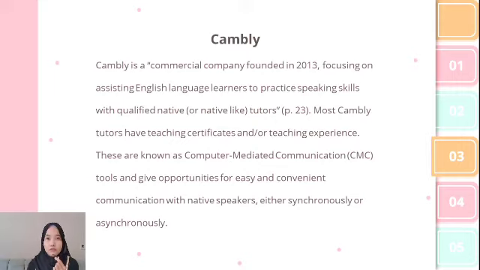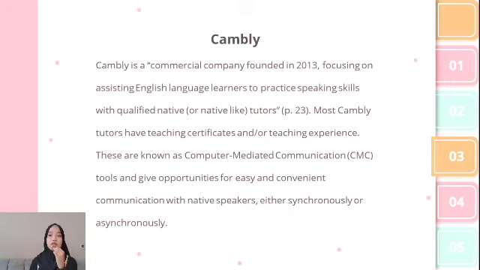Cambly had a positive influence on their speaking proficiency, motivation, anxiety level, speaking opportunities, autonomy, social relationship, and cultural awareness. Cambly is a commercial company founded in 2013, focusing on assisting English language learners to practice speaking skills with qualified native or native-like tutors.